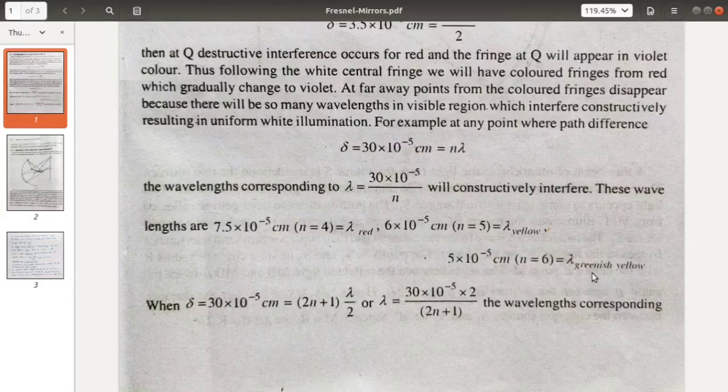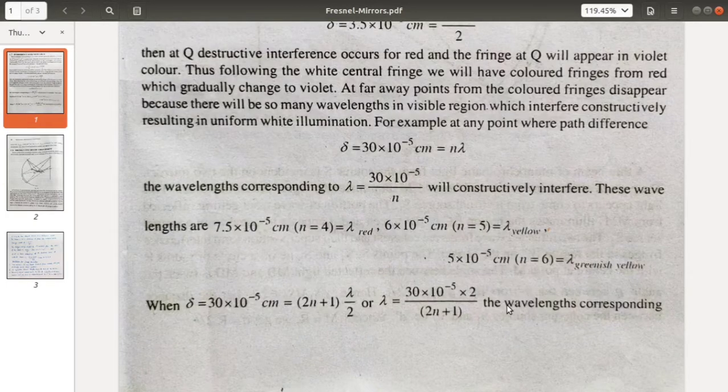When this path difference is 30 into 10 to the power minus 5 centimeter, that is 2n plus 1 lambda by 2, from this expression we can calculate the lambda.